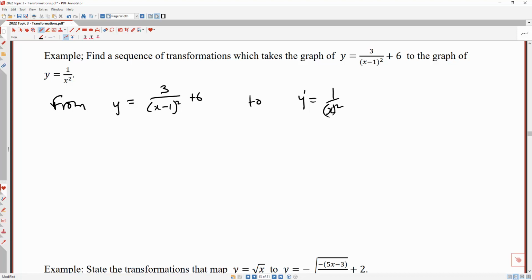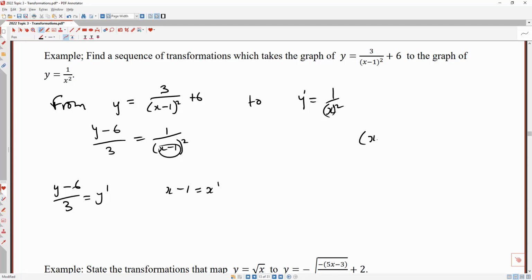This one's not ready for pairing yet. I'm going to go y take 6 over 3 equals 1 over x take 1 all squared, and we're going to this. Now I'm going to pair up the y dash with this: y take 6 on 3 equals y dash, and x take 1 equals x dash. So that with that. Now what we've been doing is just writing out the mapping.